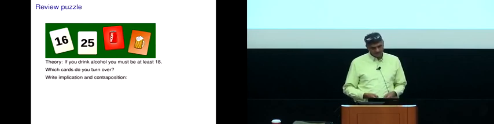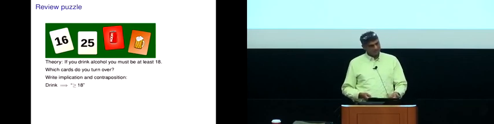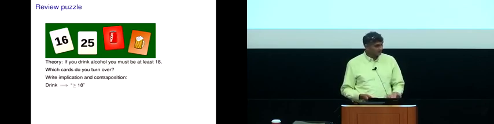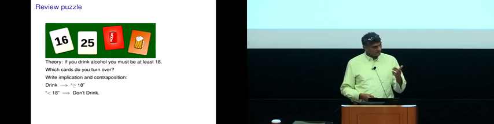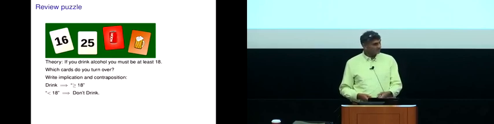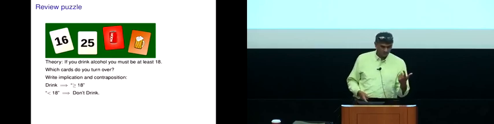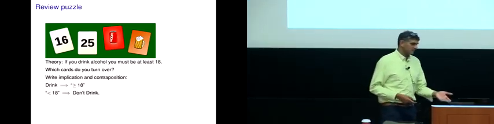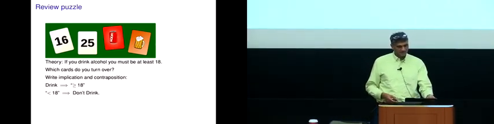But instead, what I did is I write the two implications. I write drink implies greater than 18, and then I write less than 18 implies don't drink. I wrote the implication and its contrapositive. And now I can just look at the left-hand sides and say, okay, drink.